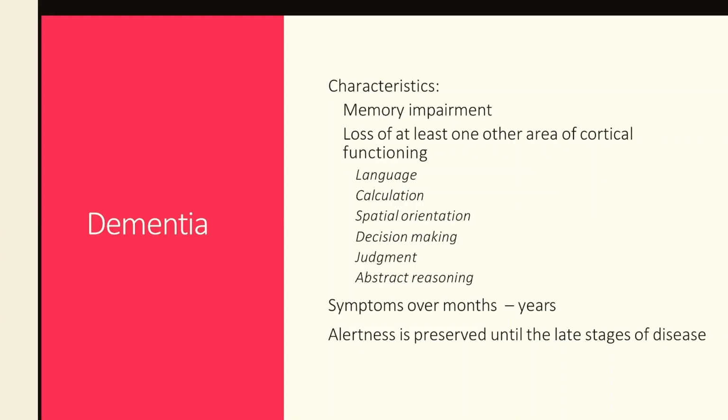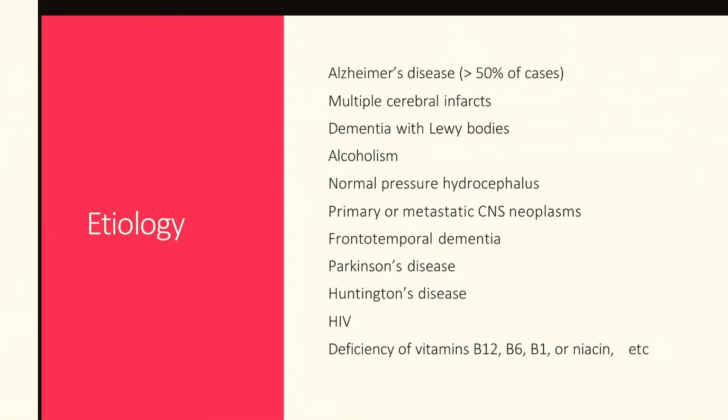Judgment, decision making. If any of you worked in memory care, you'll see that these patients don't act normally anymore because their cortical reasoning is being diminished because of the dementia. Symptoms progress over months to years, and alertness is preserved until late stages of the disease. Then they really don't respond to much.